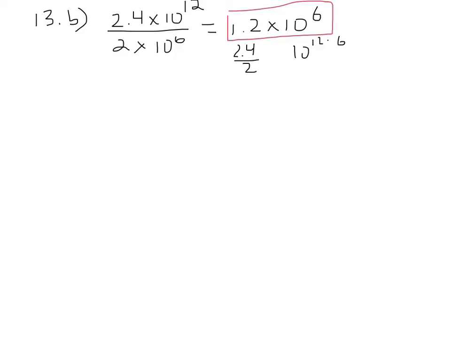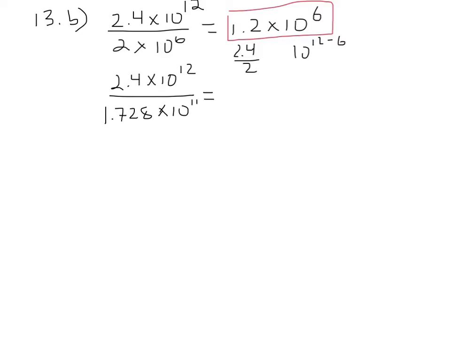The second part then: how many days is it going to take? And we go through the same thing. We have 2.4 times 10 to the 12th, and we're going to divide by how many blood cells you produce in a day, which we found in part A, which was 1.728 times 10 to the 11th.